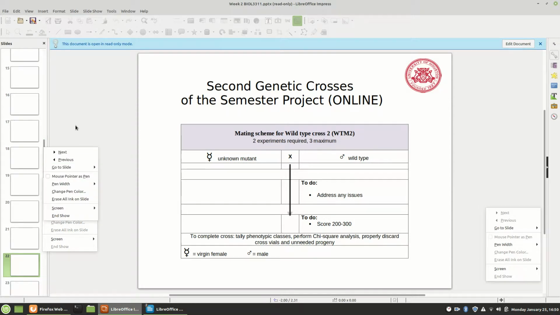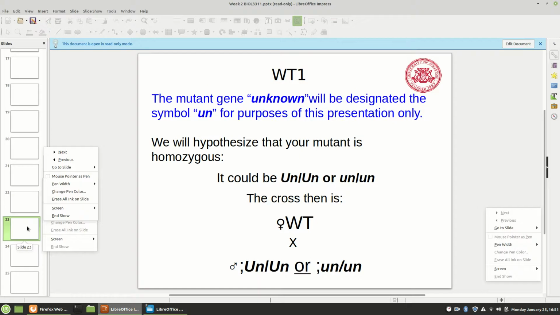Now, normally in the class, you'd be growing these flies yourself, which is really cool, but we're not doing that this semester because of COVID. You'll have to do it virtually in a computer program. So WT1 is what we're setting up this week, and you'll have an unknown, which you'll just designate as UN because you don't know what it is yet.